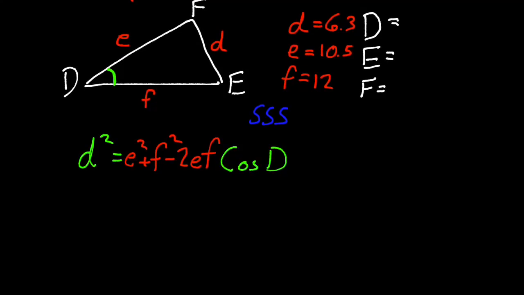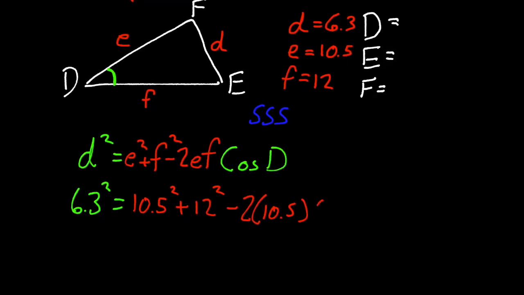We know that D is 6.3, so I've got 6.3 squared equals, we know that E is 10.5, 10.5 squared, plus F, which is 12 squared, minus 2 times 10.5 times 12 times the cosine of angle D.